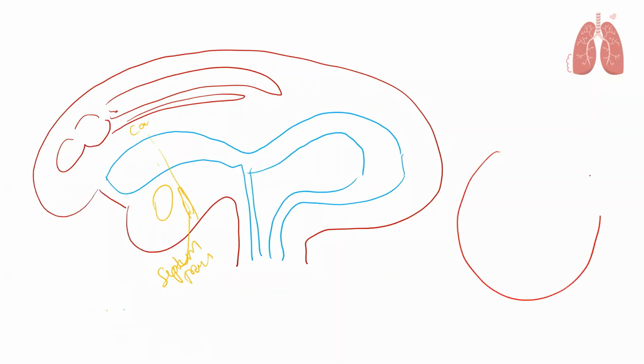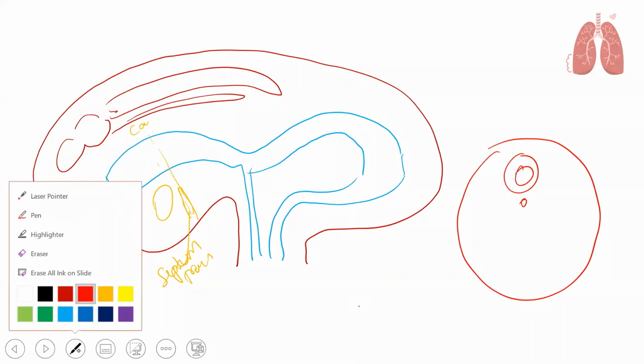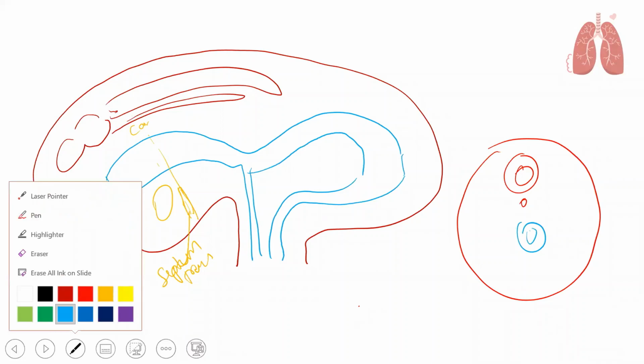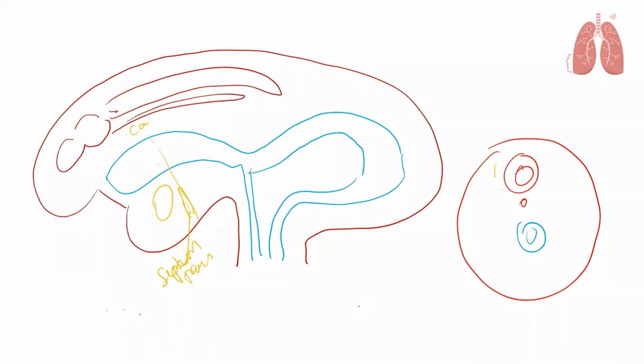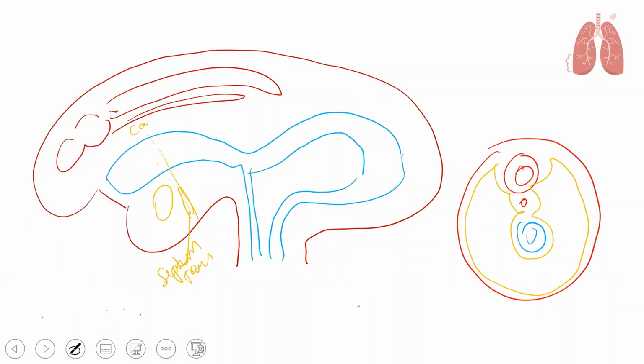And if you look at a transverse section, you have the neural tube, notochord, the gut tube, the mesodermal layers. And if you look at this section, you will see the septum transversum like this.